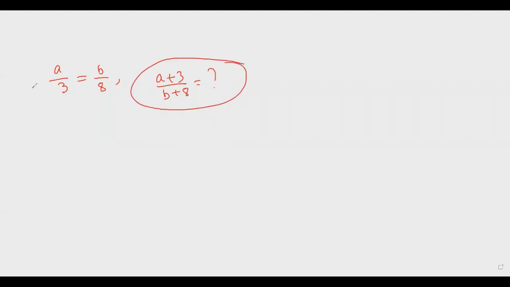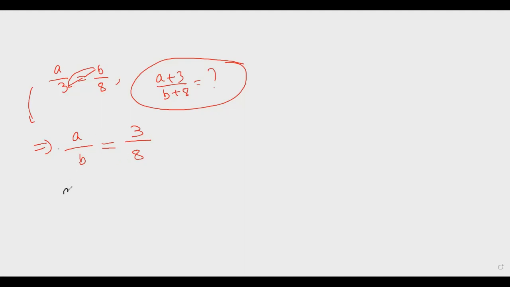So first of all, we will apply: A by 3 is equal to B by 8, we can say A by B is equal to 3 by 8.